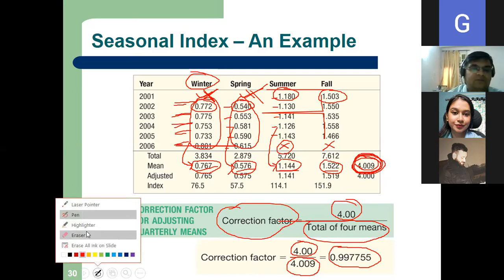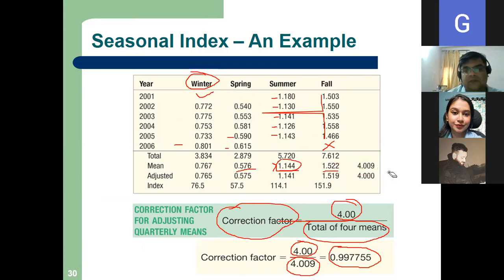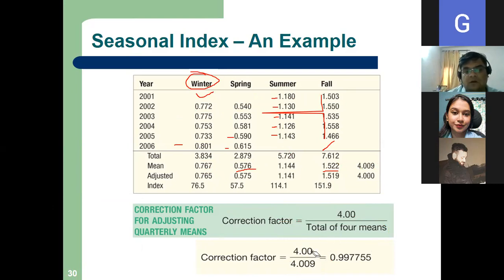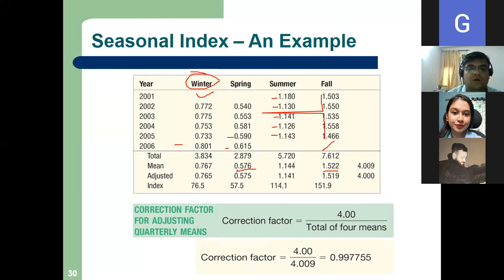Where are we? Yes, I got this. Now by averaging out, by taking the mean, I got these indexes.